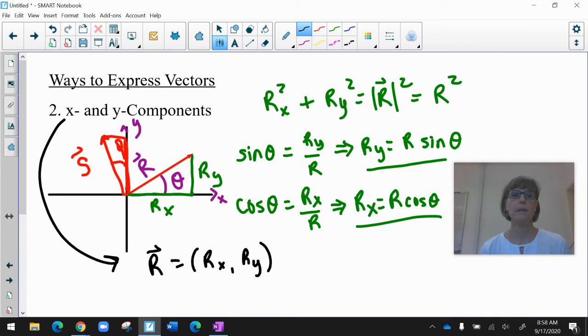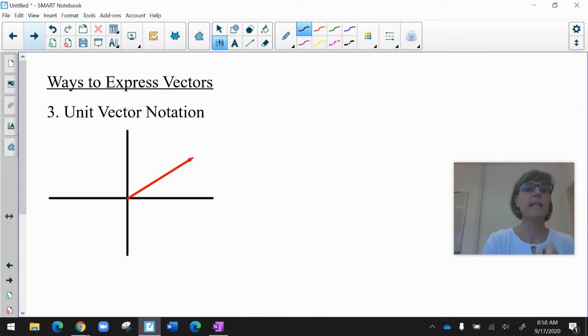All right, so finally, I want to talk about unit vector notation. So again, I have my vector r, it's going to make an angle theta. This is going to be my x-axis, this is going to be my y-axis. And remember those components, x and y, the rx and the ry that we had before?